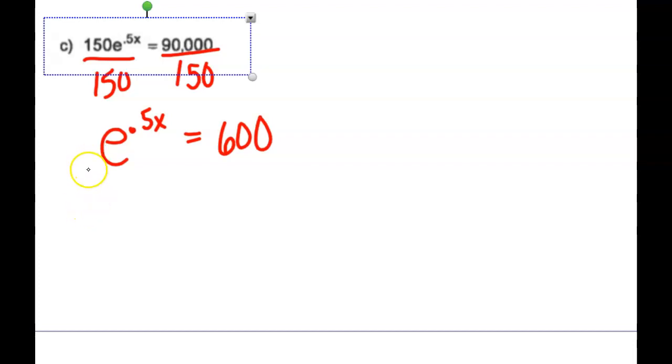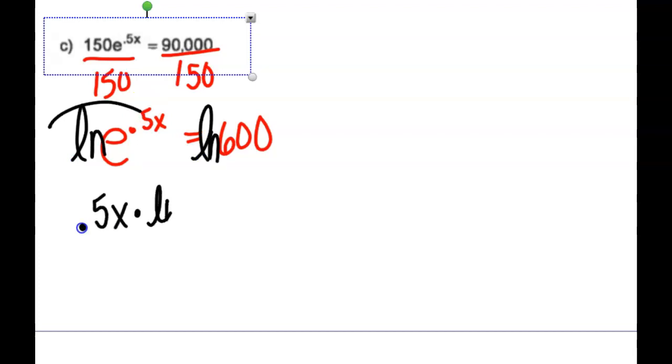We're going to do ln this time, and it's a real important property I've tried to drill into your head. 0.5x times the ln of E equals ln of 600. It is a 0.5. Do you remember what the important property I tried to remind you? The natural log of E is just what? 1.